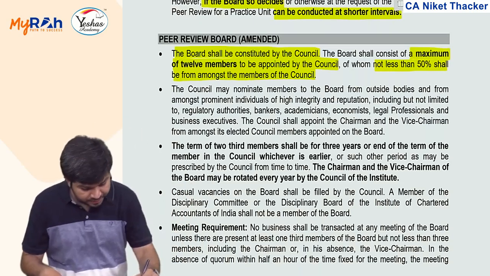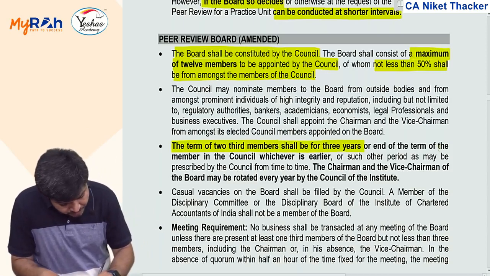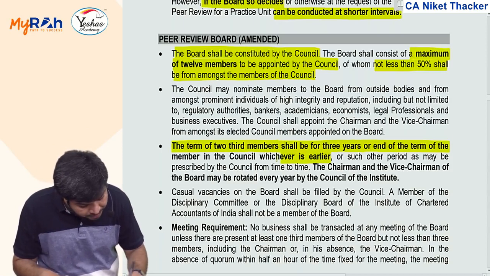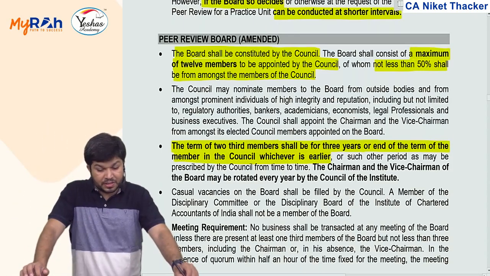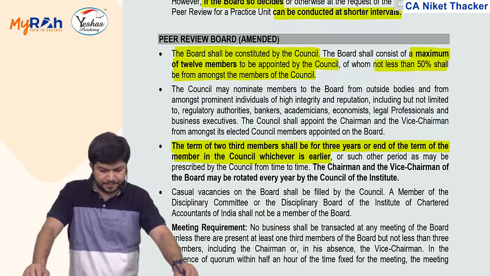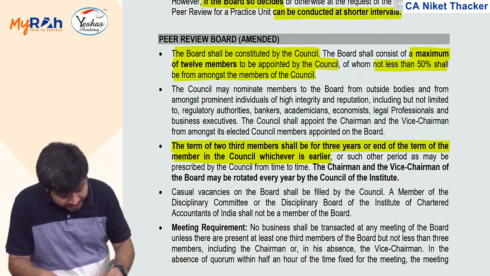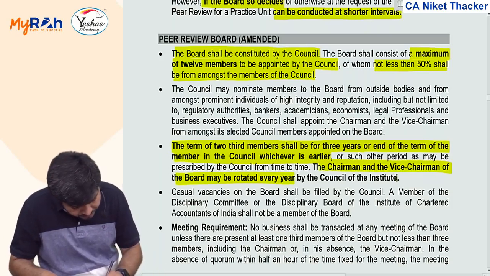ठीक है? उनका term. The term of 2/3 member shall be 3 years or till the time they will be a council member, whichever is earlier. And chairman and vice chairman may be rotated every year.